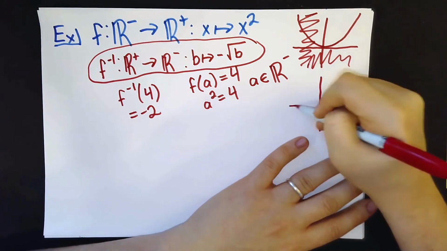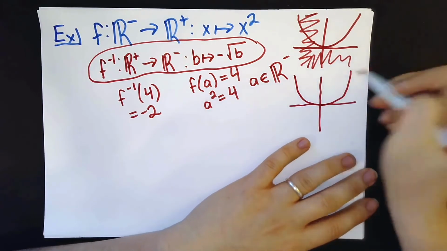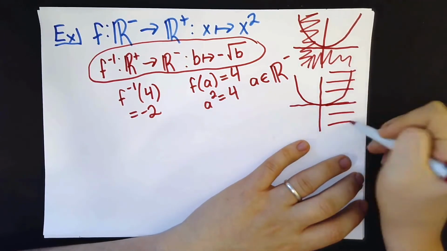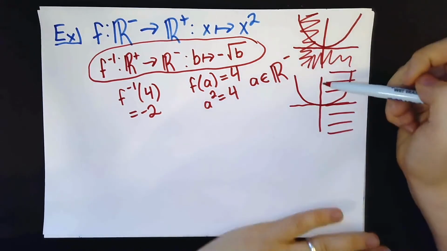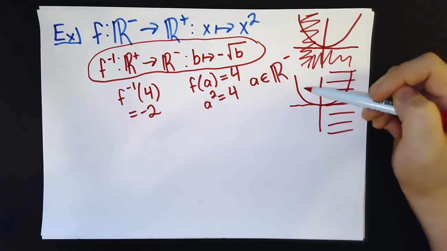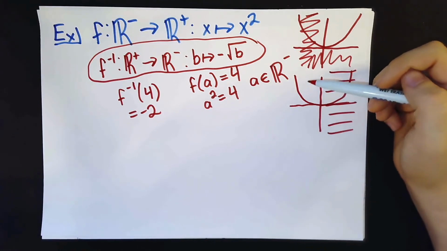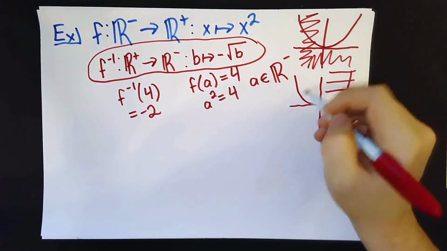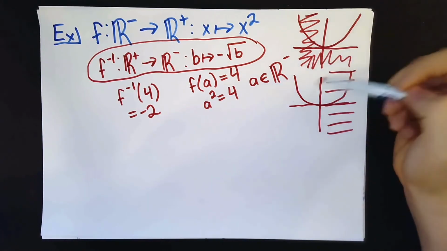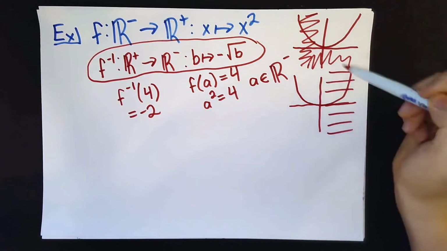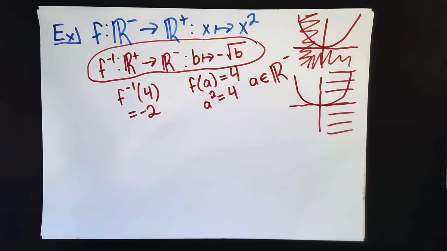Here, though, instead of chopping off the negative inputs, we chopped off the positive inputs. And so we got an inverse to this weird x squared. And so the inverse, instead of always giving us the positive square root, as happened when we removed this piece of the domain, always gives us the negative square root because we removed the positive half of the domain.